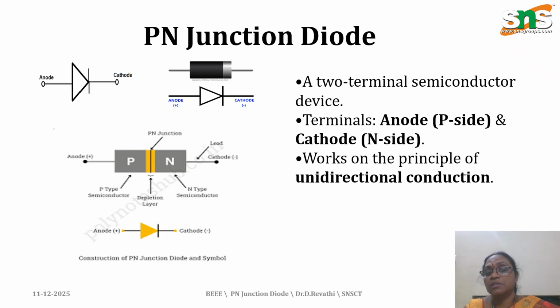Three quarters of it is black and one quarter is silver. The silver quarter is negative, the cathode, and the black three quarters is considered the anode. That is how we identify the anode and the cathode. In your lab session, we have to use this. I'll show you in the lab.